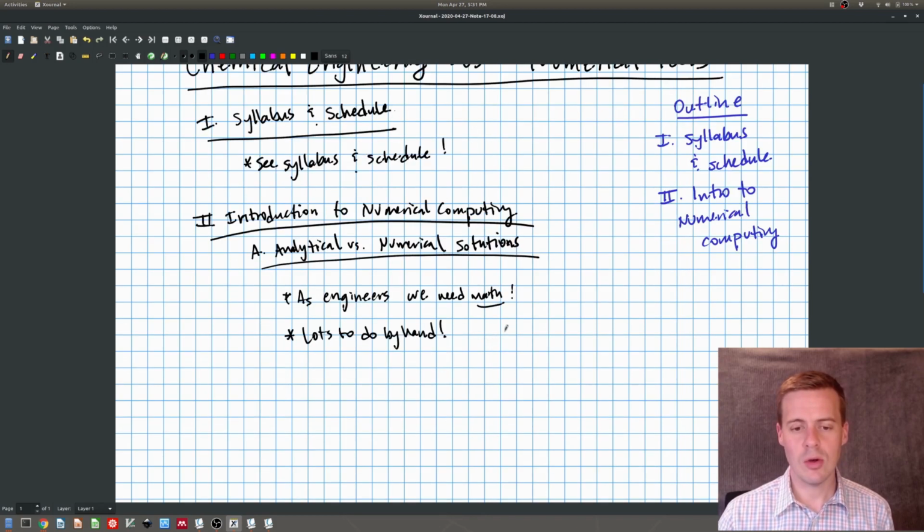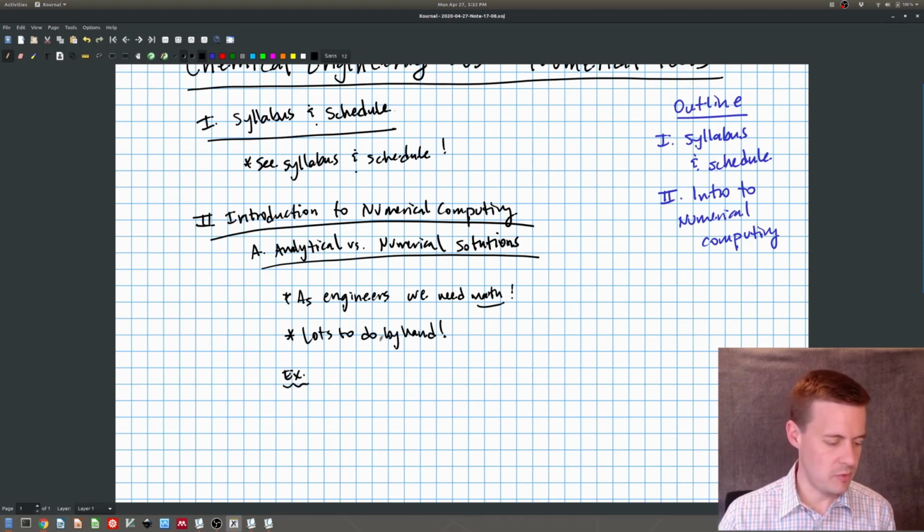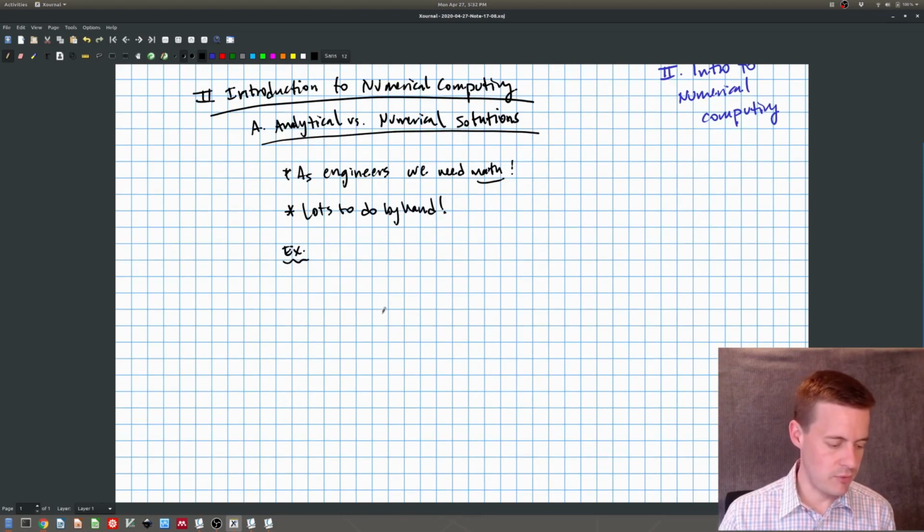All right. So for example, here's a problem that you have almost certainly solved before, at least I hope, of a nonlinear algebraic equation. So I have 3x squared plus 4x minus 1 is equal to 0.